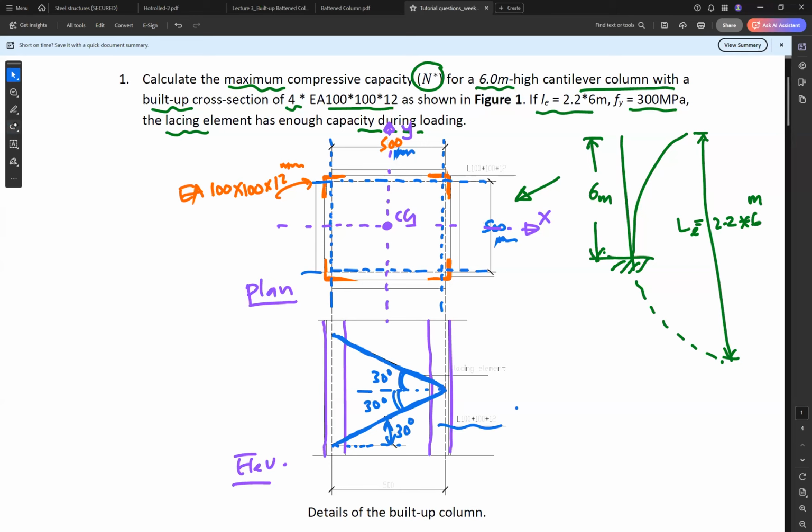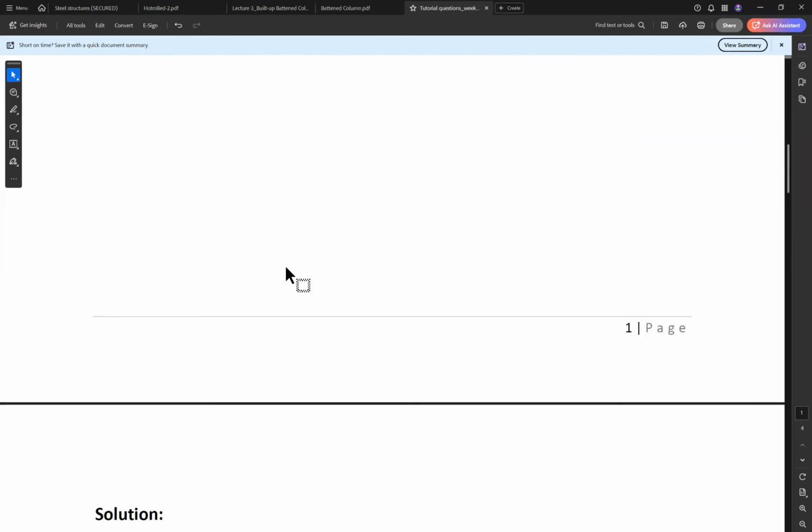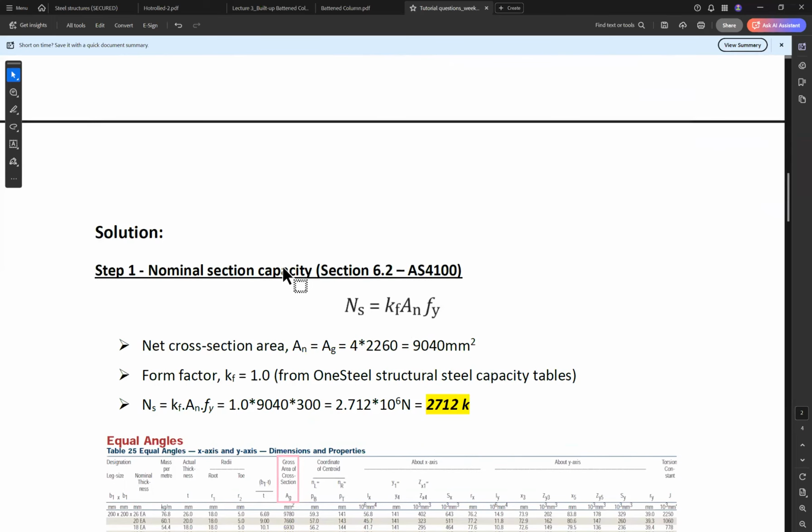And this is our equal angle 100 by 100 by 12. So these are the given information about the built-up section. So now let's start the solution of this section.